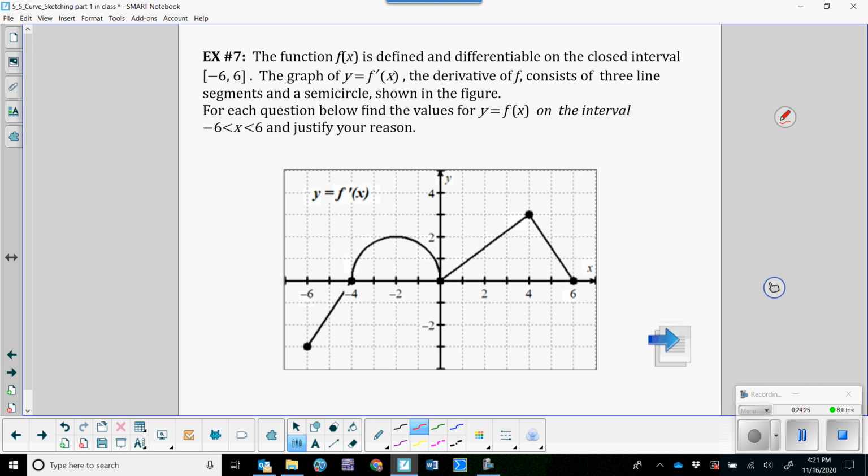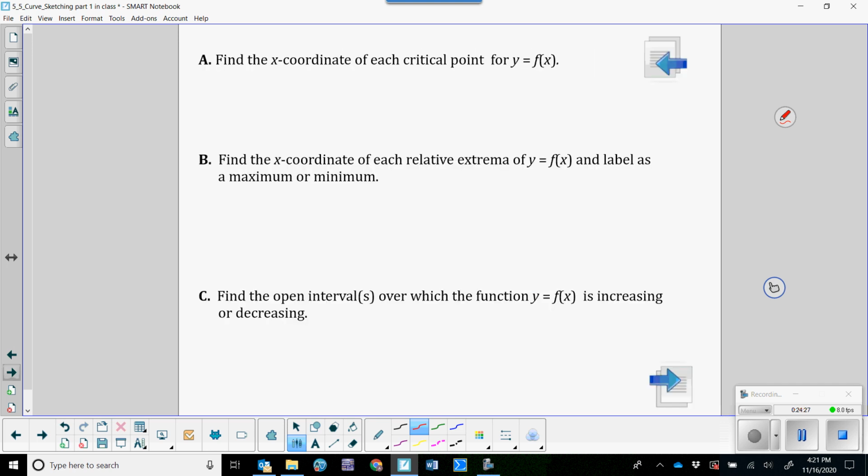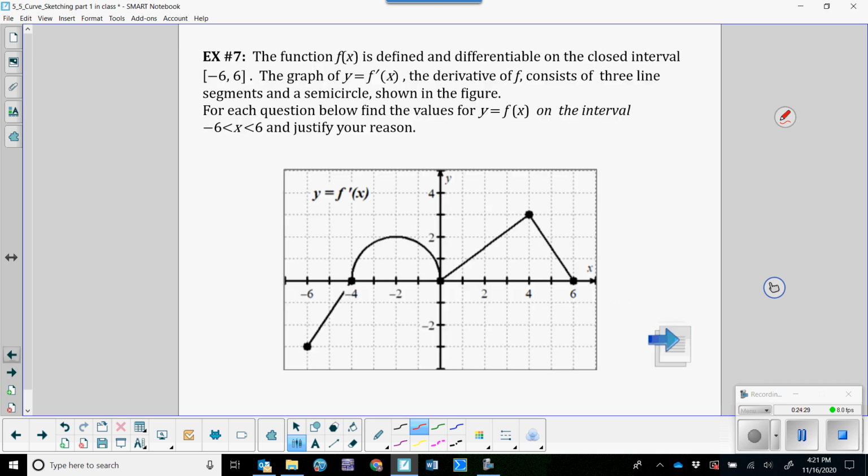So first question is, find the x coordinate of each critical point. So we go back, and this is important. This graph is f prime. Sometimes you might want to write derivative real big, because that tells you this graph is the derivative. So the question is, find the x coordinates of the critical points, okay?